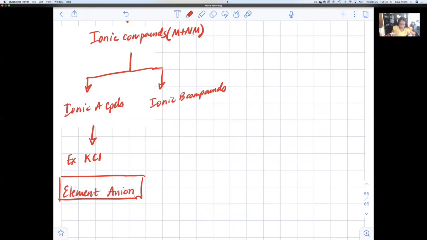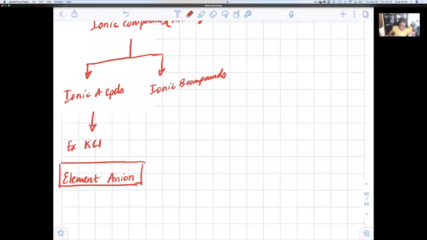So they tend to have just two names, element name and anion name. Remember, the element name, which is for the first element, is a group A metal. The second element, which is named as an anion, is a non-metal.